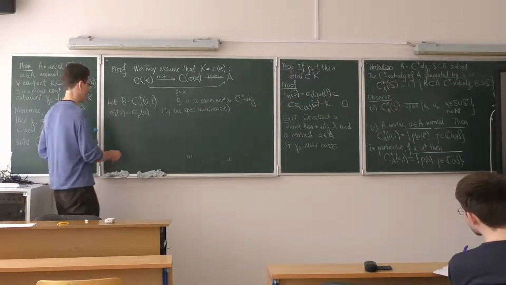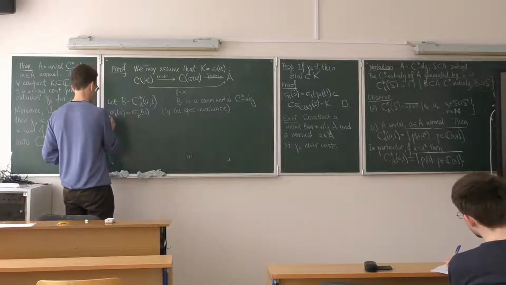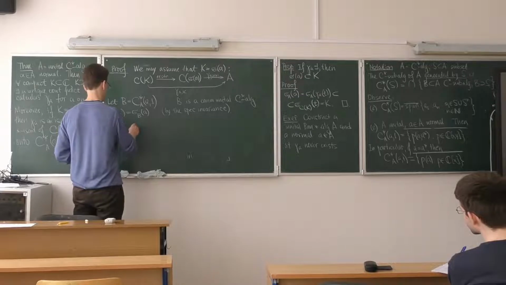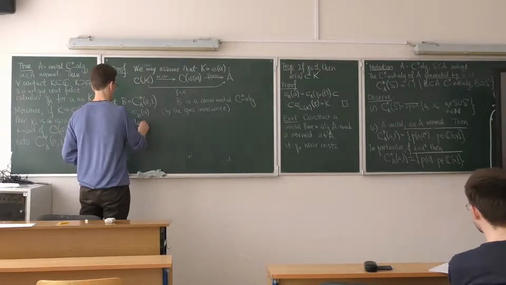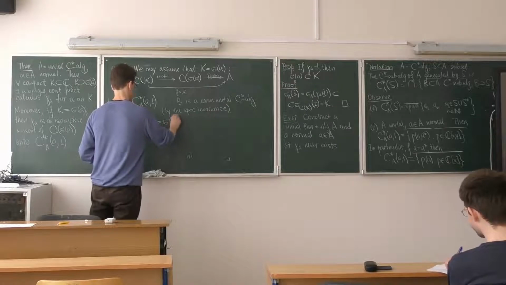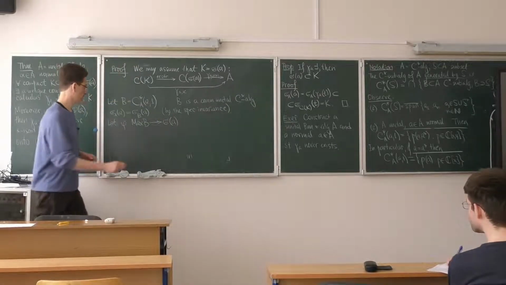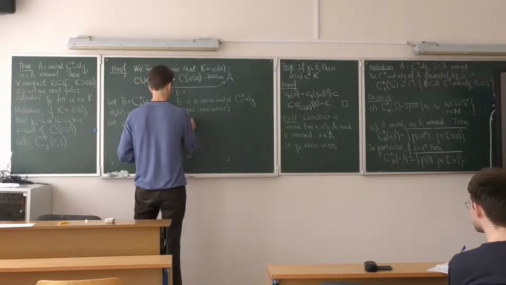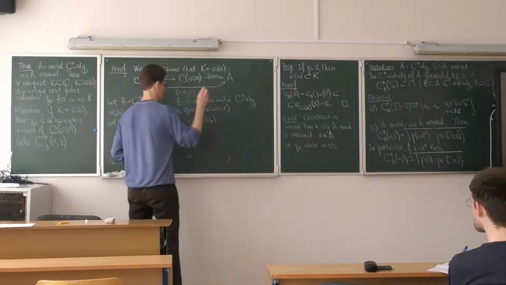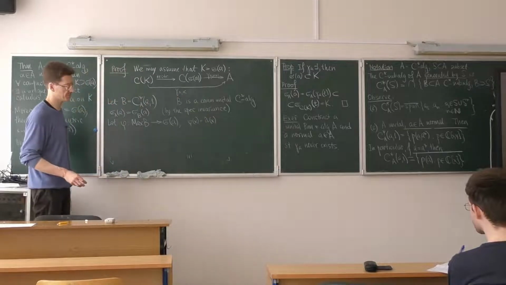Okay, let's now define the following map, denoted by phi, from the maximal spectrum of B to the spectrum of A. Phi of x is just a hat of x, where a hat is the Gelfand transform.